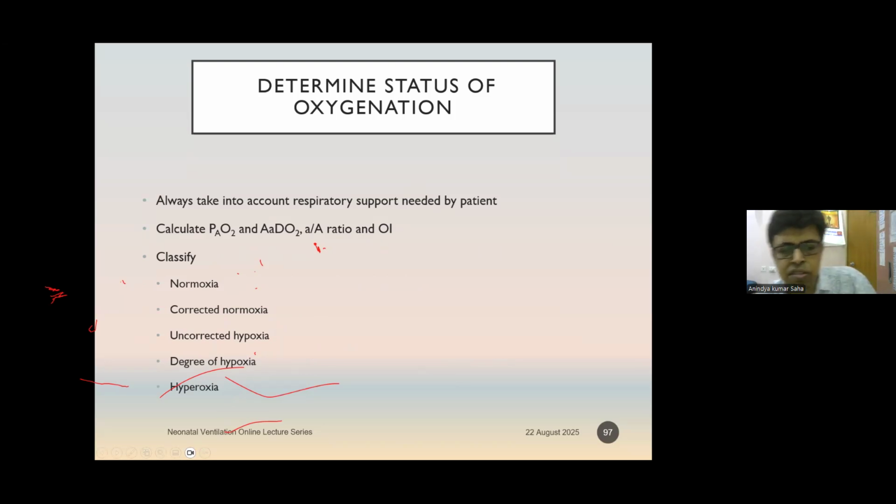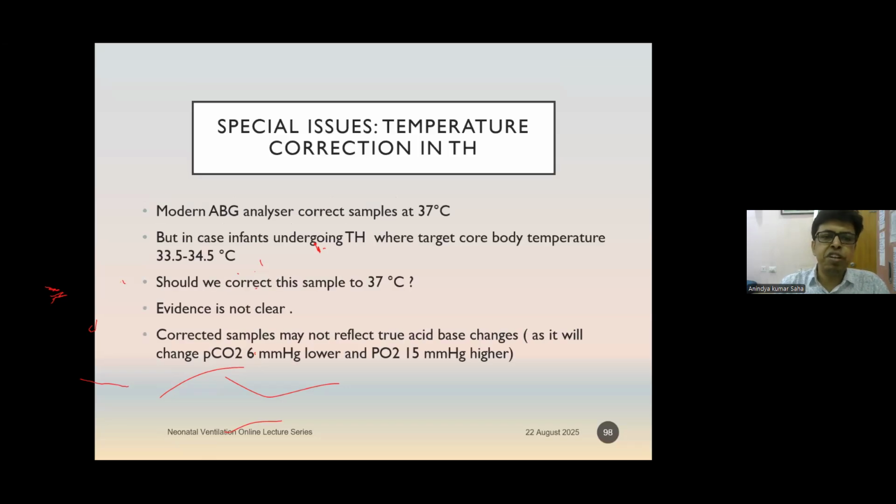Hyperoxia is very dangerous because we have very premature ELBW babies with the potential to develop ROP. So more than required oxygen is more dangerous than hypoxia. Now some special situation: temperature correction, we have already discussed in the very beginning.